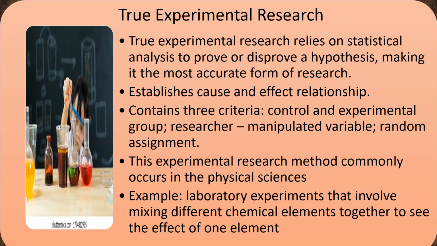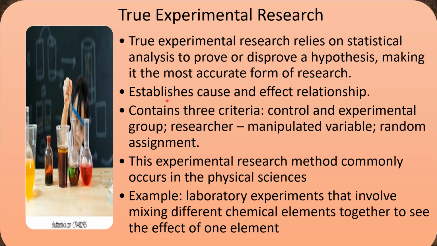Next is true experimental research. True experimental research relies on statistical analysis to prove or disprove a hypothesis, making it the most accurate form of research. And random assignment allows for better results from treatment. It also establishes cause and effect relationships.